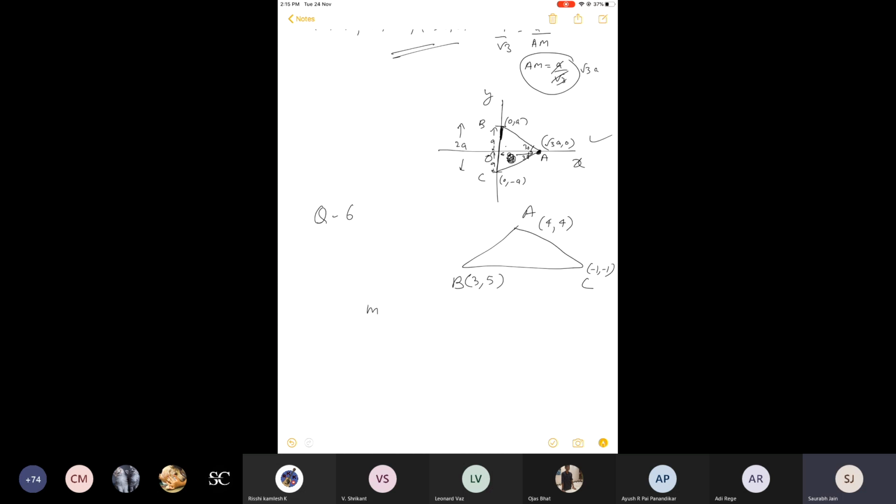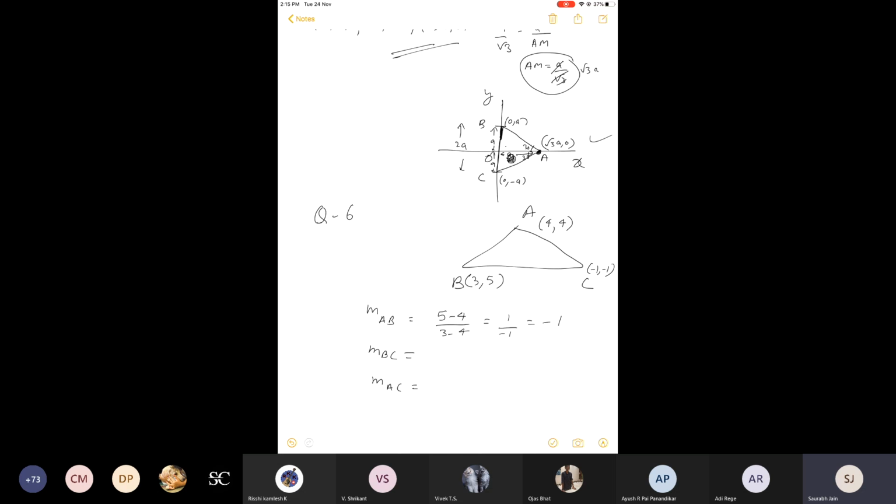So let us find slopes of all the line segments here. And how to find the slope? Because 2 points are given on them, so we can find their slope. So slope of AB, let us find slope of AB first. It is y2 minus y1 upon x2 minus x1. This will be minus 1. Now let us find slope of BC.